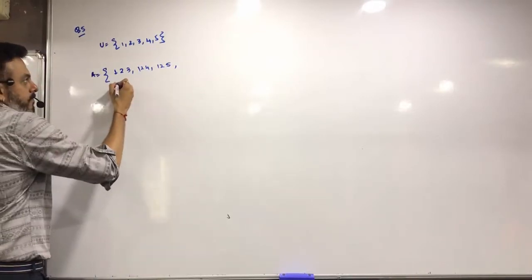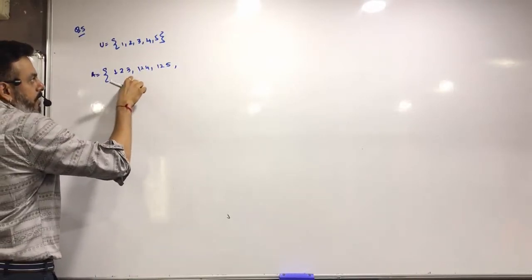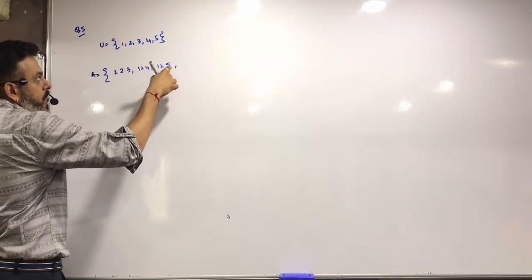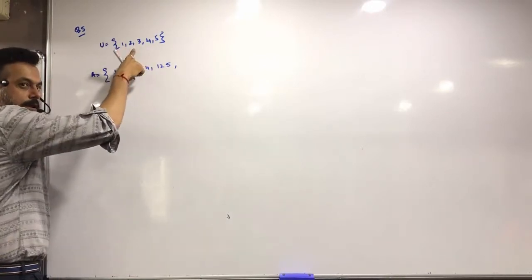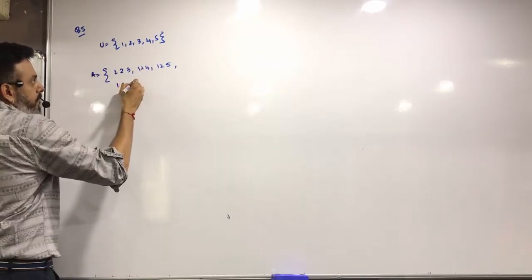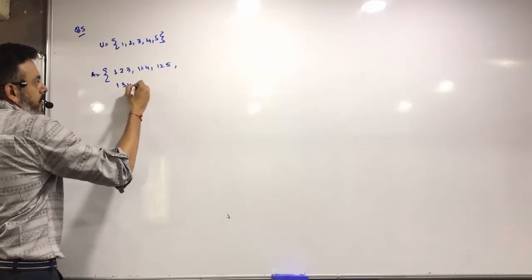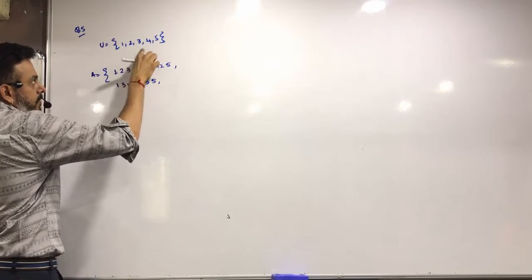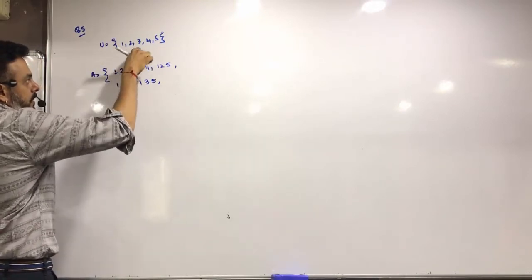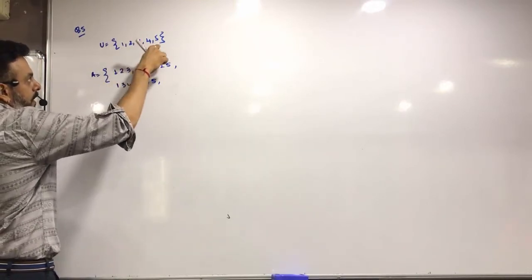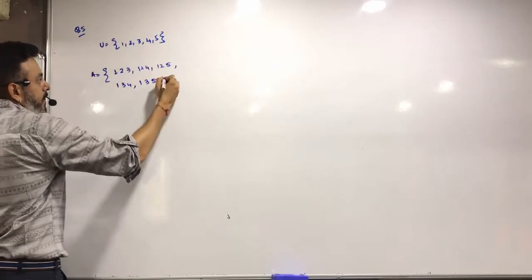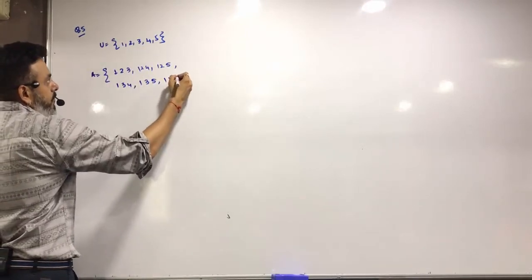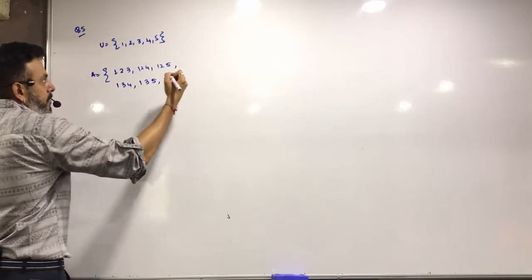Then 1, 2, 3, 1, 2, 4, 1, 2, 5. 1 और 2 को freeze कर दिया. 1, 3, 4, 1, 3, 5. Then 1, 4, 5.